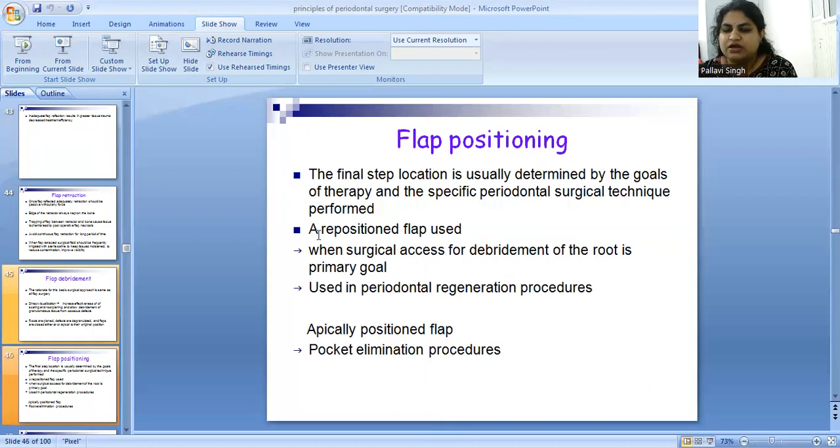You can see the repositioned flap is used in the periodontal regeneration procedure because we don't want to create a further pocket, and we want proper closure of the bone graft material and the guided tissue regeneration membrane with the overlying flap. So we are not going to change the position of the overlying flap in the periodontal regeneration procedure.